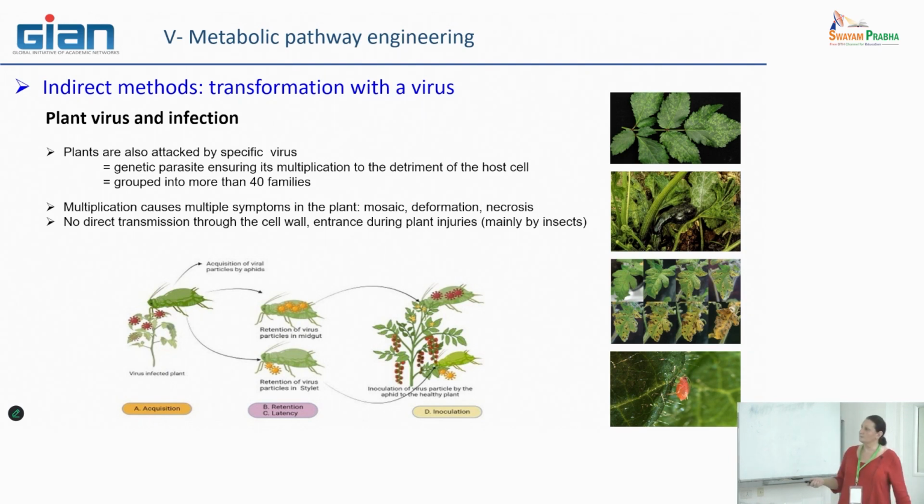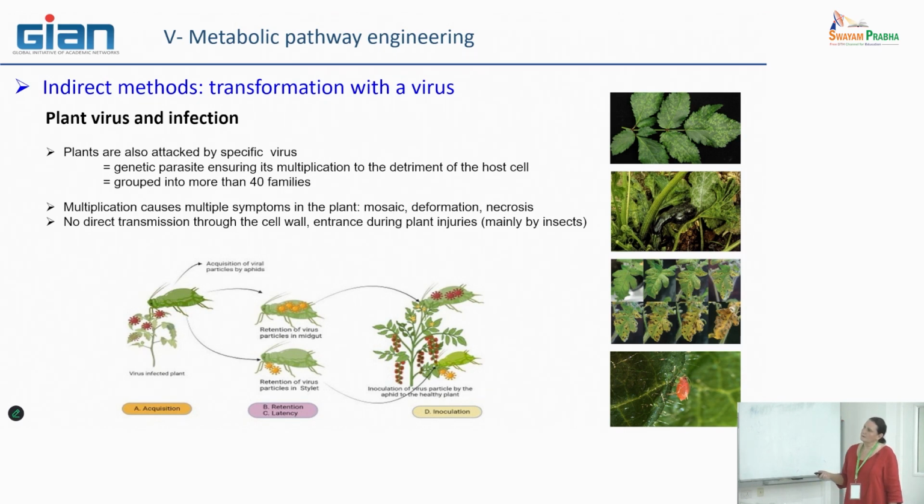At this moment, some of the viruses that stayed in the stomach of the insect can migrate to the mouth and the stylet, and by this way they can be propagated to different plants, including very healthy plants. So it's a very well known system of how viruses diffuse in plant systems.